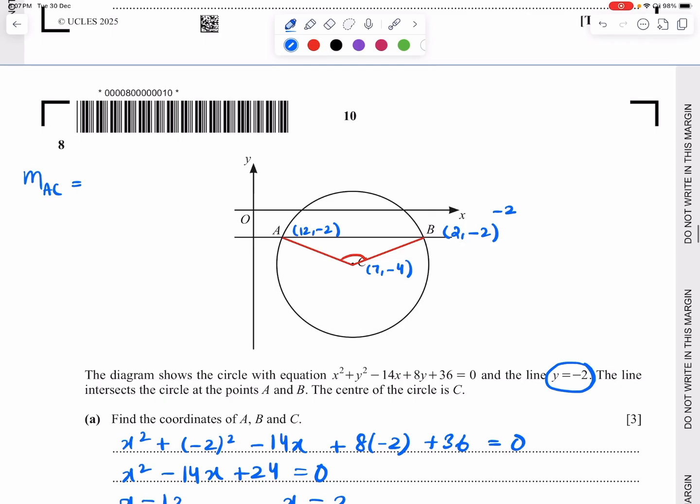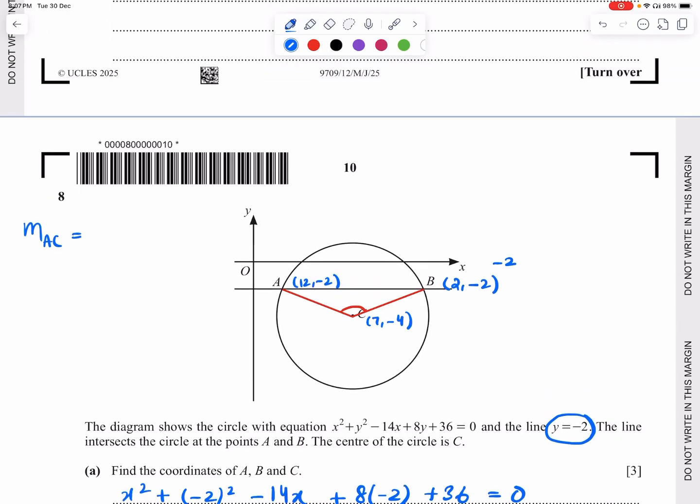If I figure out the M of AC, that's going to be negative 4, negative 2 divided by 7 minus 12. That is going to give us negative 2 over 5. M of CB is going to be negative 4, negative 2 divided by 7 minus 2. That is going to give us positive 2 by 5.